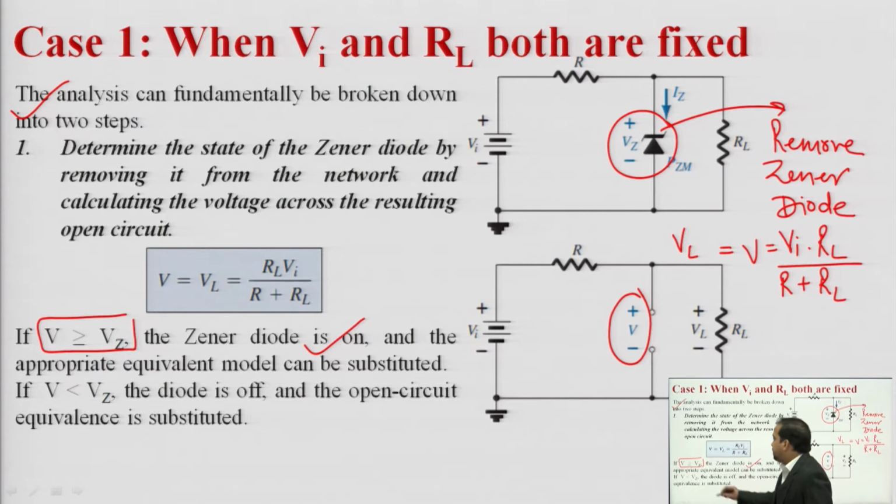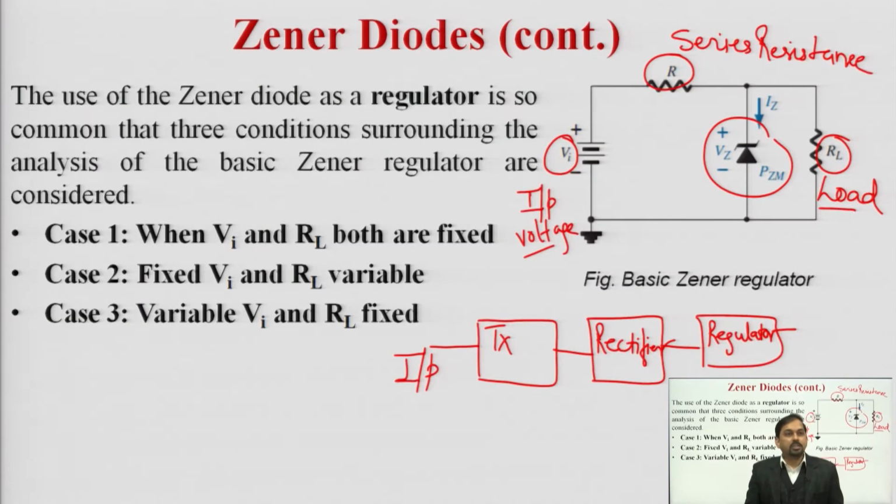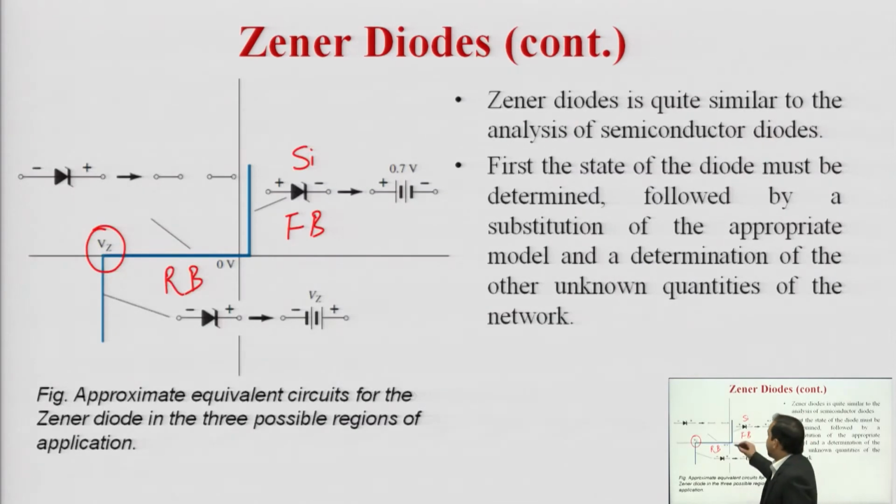If V is less than Vz, the diode is supposed to be off, and we are working in this particular region, where the quality of this region is that current is 0.